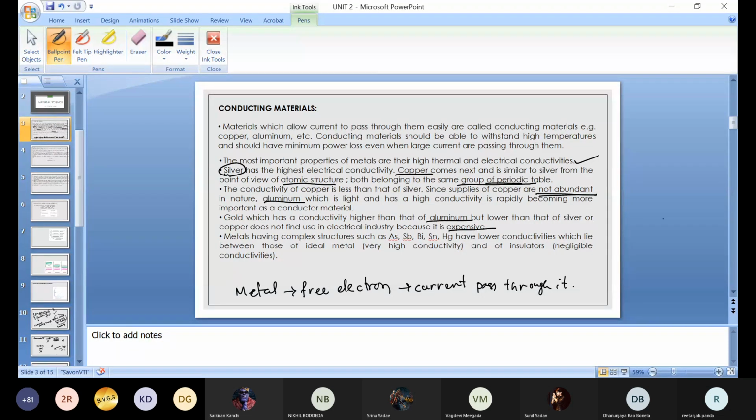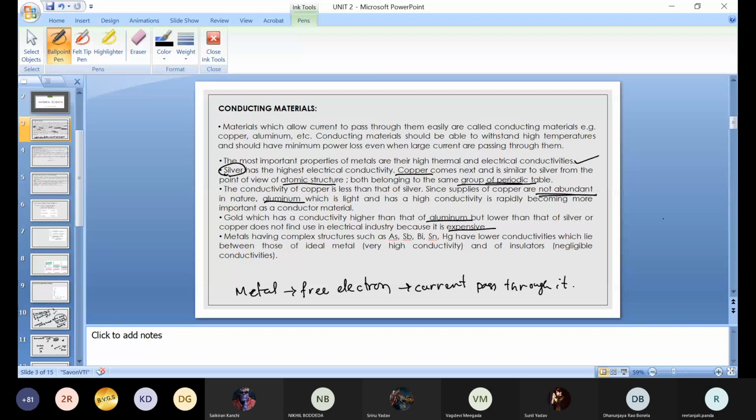That's why we don't use gold as a conductor. Silver has very little application. Copper and aluminum are the two materials which have a very wide range of application as a conductor in electrical applications.